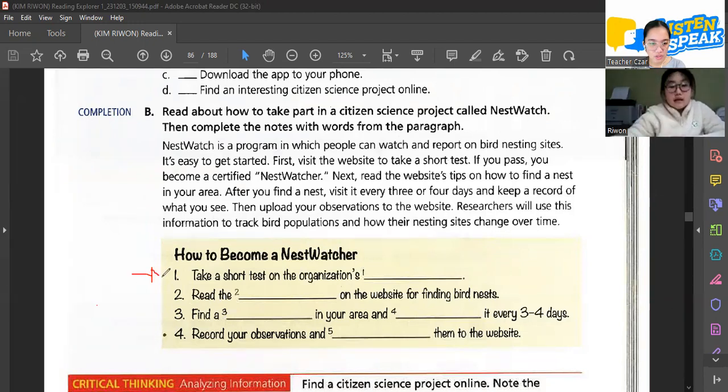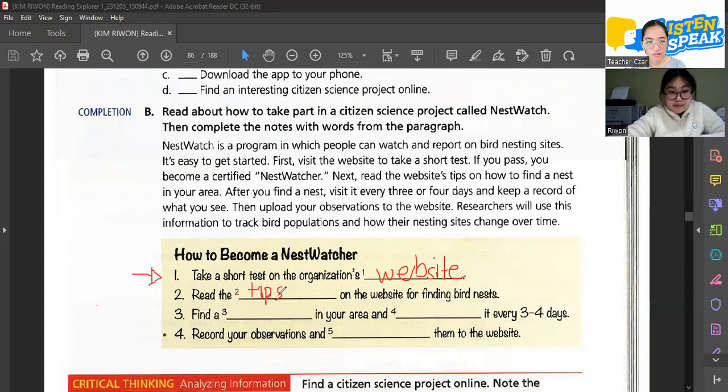Okay, very good. So now let's try to have the first sentence. How to become a nest watcher? Take a short test on the organization's website. Okay, website. Very good. And read the tips on the website for finding bird nests.